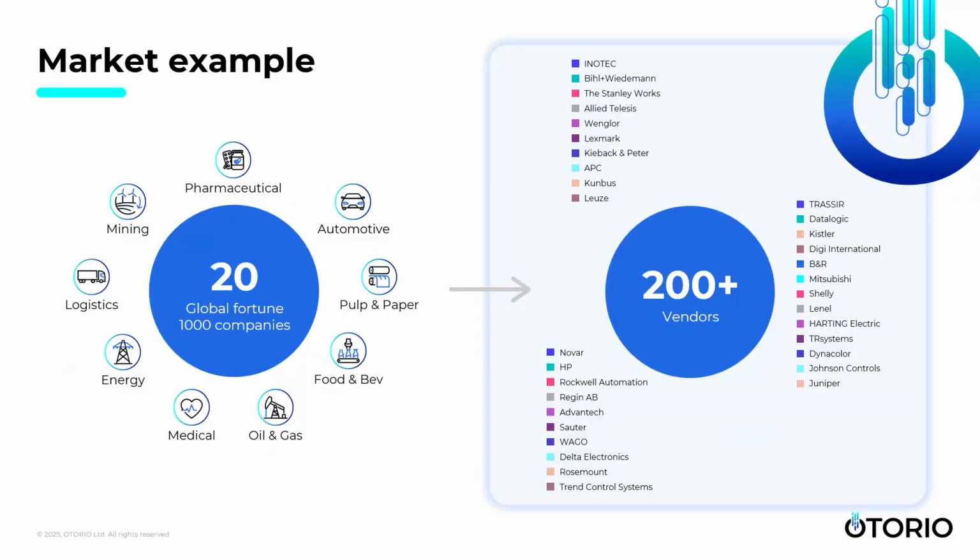So for our analysis, what we did is we went out and checked multiple customer environments. On purpose, we took customers of different sizes, in different industries and different regions, to understand the status out there.